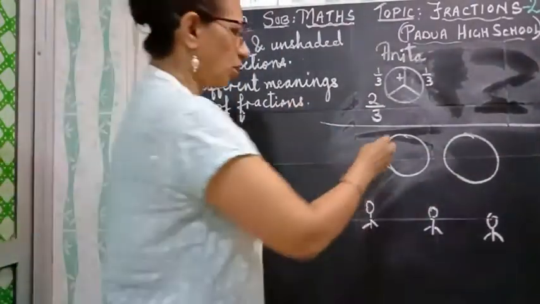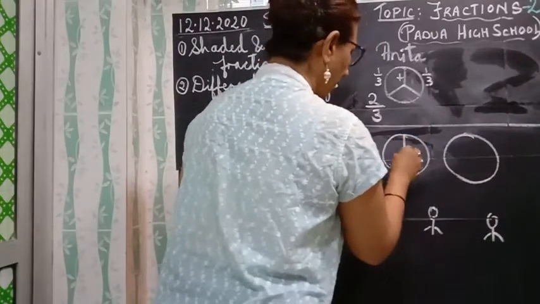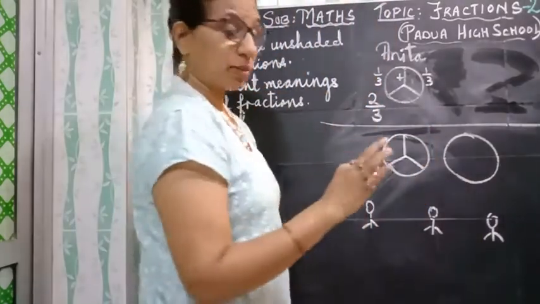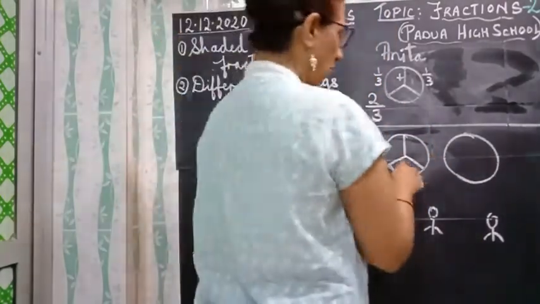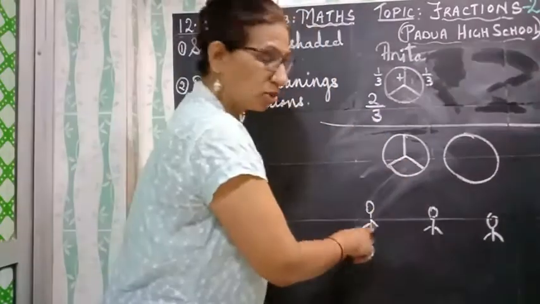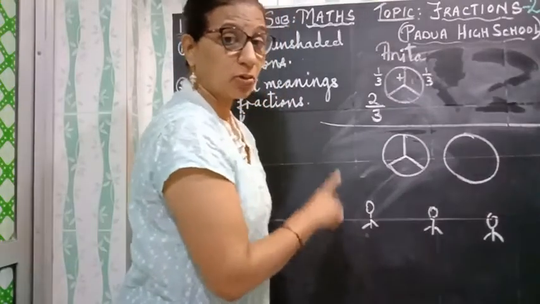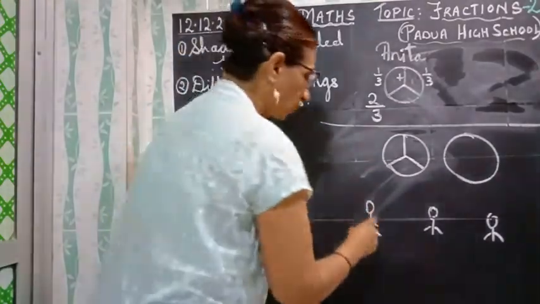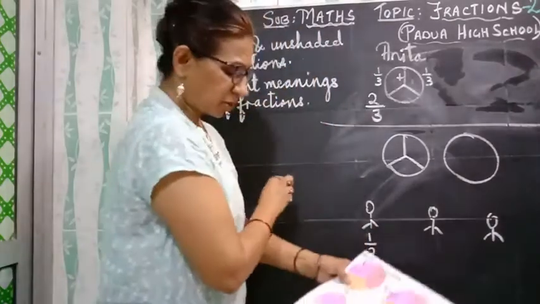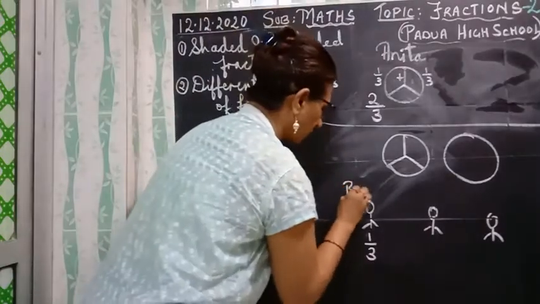First of all, Bela's mother divides both the chapatis into 3 equal parts. First she divides 1 chapati and gives 1 part to Bela. So how much has she got? 1/3, correct?